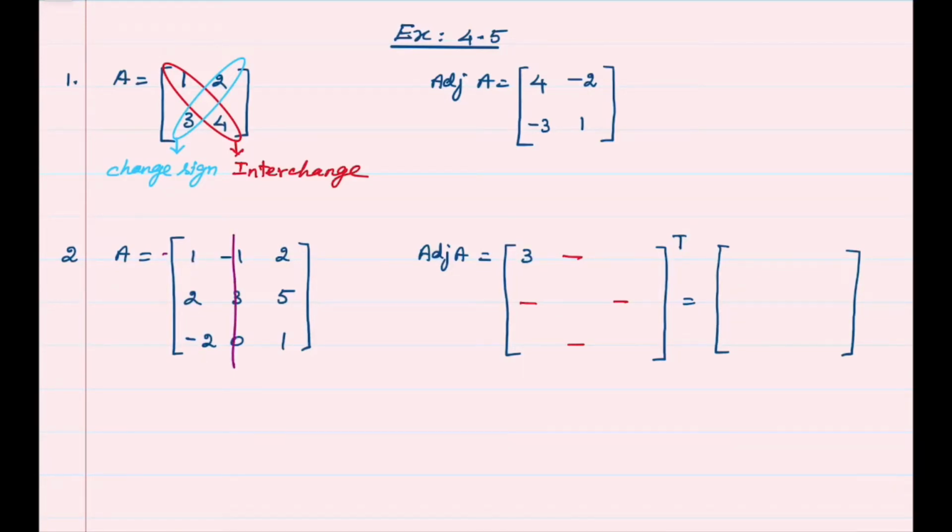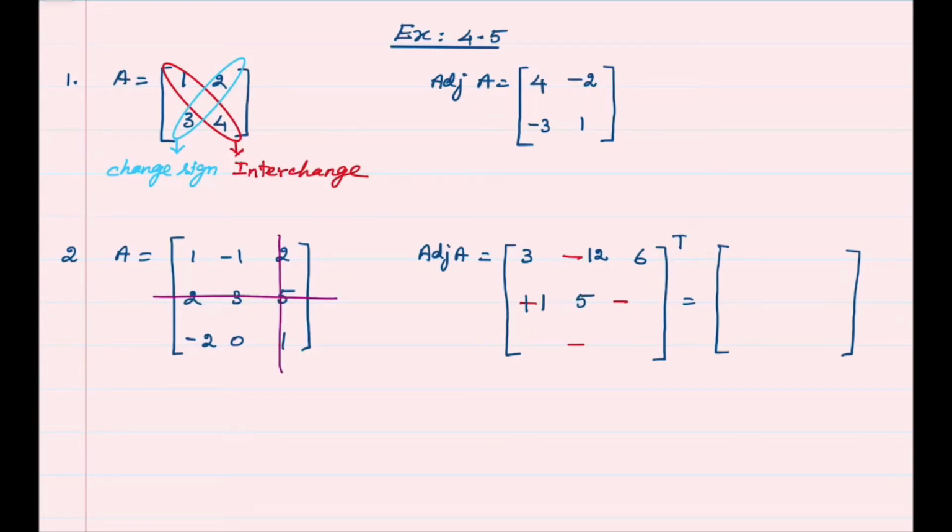Cofactor of minus 1, 2 plus 10, 12. That position gets a negative sign, minus 12. Cofactor of 2, 0 plus 6, which is 6. Cofactor of 2, minus 1, minus 0. But that position gets a negative sign, we get plus 1. Cofactor of 3, 1 plus 4, 5.